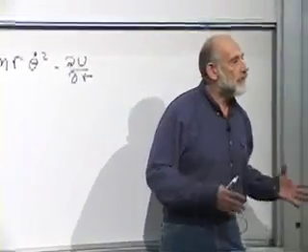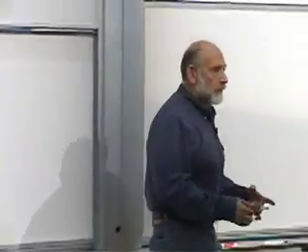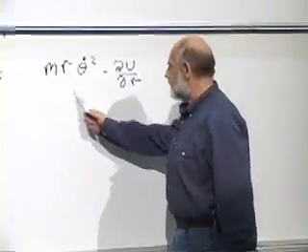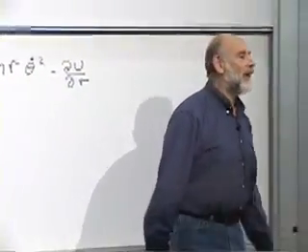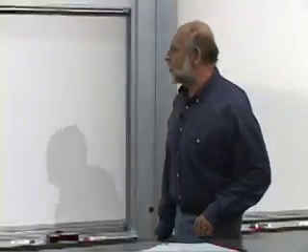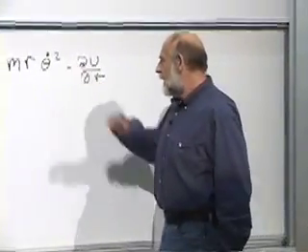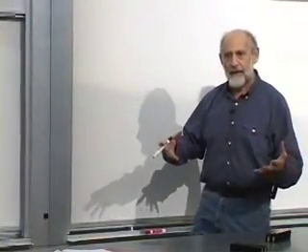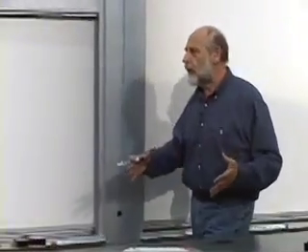What does a positive force mean? A positive force means one radially outward. So this force, it's not a real force. What's its name? I called it Coriolis last time because I was tired. What's the right name for it? Centrifugal. This is the centrifugal force on the particle, which has the apparent effect of creating a repulsion away from the center.